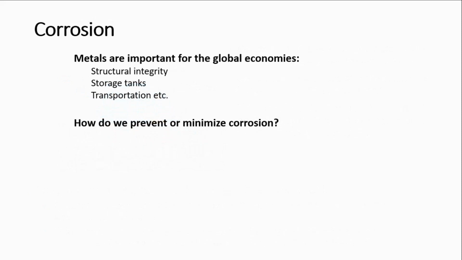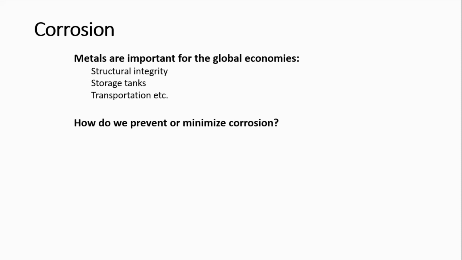Now, of course, metals are very important to the economies that make up the globe, because metals are used a lot in ensuring the structural integrity of buildings, for the manufacturing of storage tanks, and even for making vehicles that we use for transport: trains, ships, aircraft, cars, and so on.